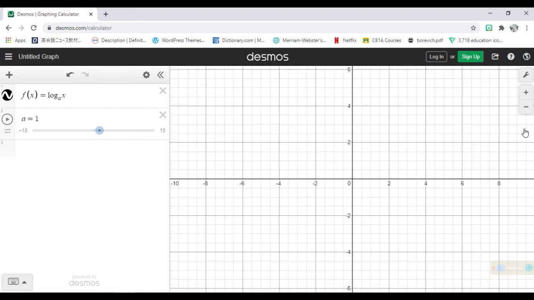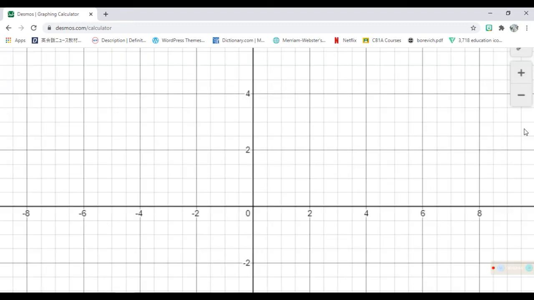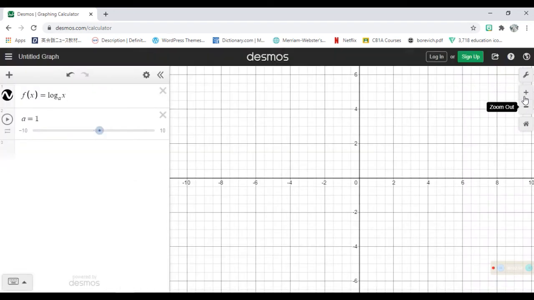If you still remember our restriction for exponential functions before, we cannot have a value of a that is equal to 1. Since exponential functions and logarithmic functions are inverses, the same restriction will apply. Your a should not be equal to 1. And it should be greater than 1.